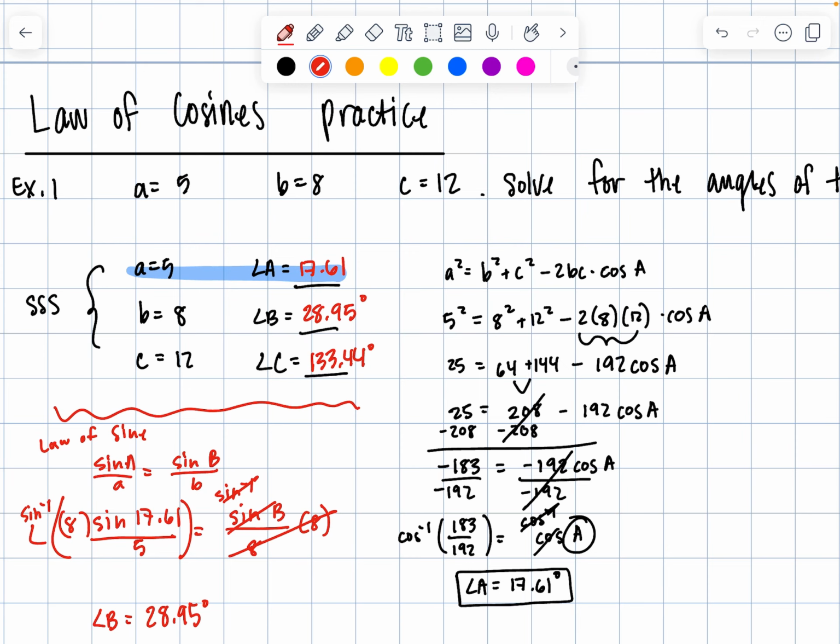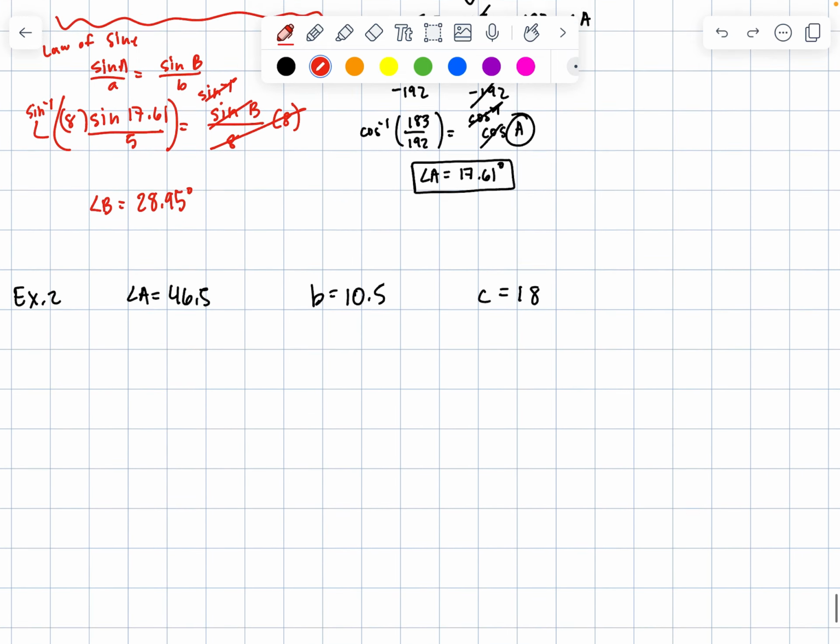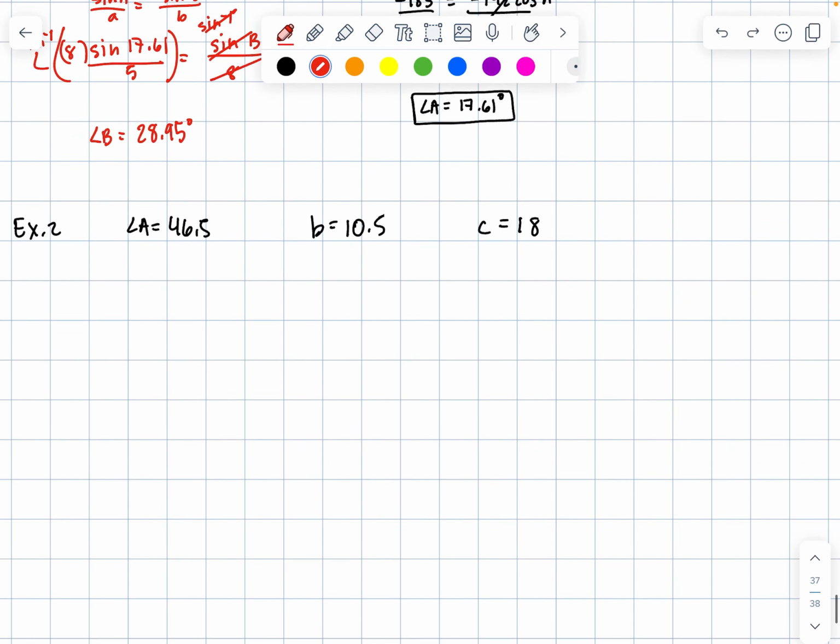You have one of each letter. In this particular case, we have all three sides. Let's take a quick look at another example. And let's say we want to solve, okay, so here's our example. Angle A is equal to 46.5 degrees, B is equal to 10.5, and C is equal to 18. Let's organize this information.